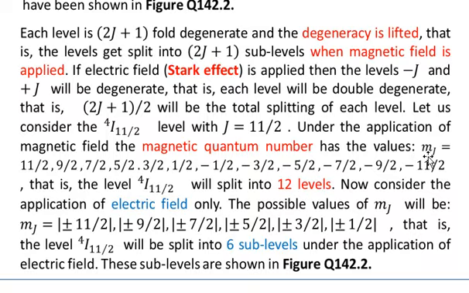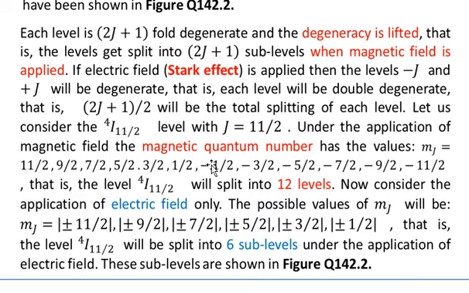So mJ are the values of the magnetic quantum number under the application of the magnetic field, and when capital J is 11 by 2, this capital J will have the following values, which we call mJ values. So mJ values will be 11/2, 9/2, 7/2, 5/2, 3/2, 1/2, and minus 1/2, minus 3/2, minus 5/2, minus 7/2, minus 9/2, and minus 11/2.